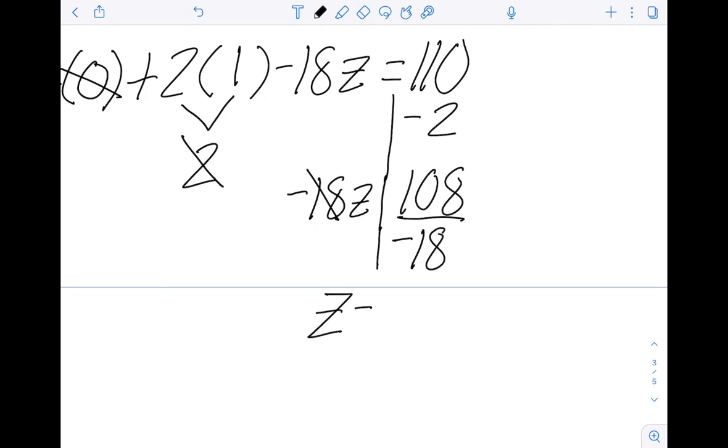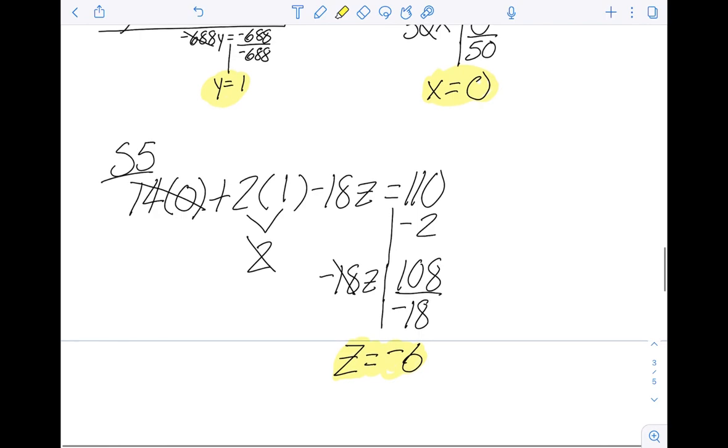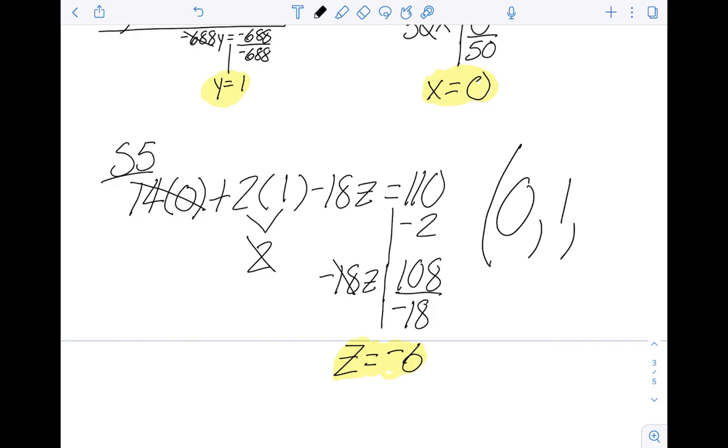And I get z is equal to negative 6. And that is my z here. So I have x, y, and z. My final solution is my x is 0, my y is 1, my z is negative 6, and there you go.